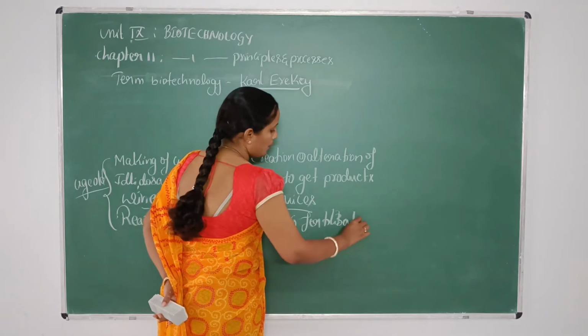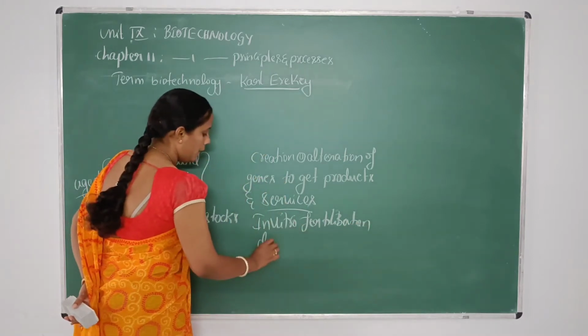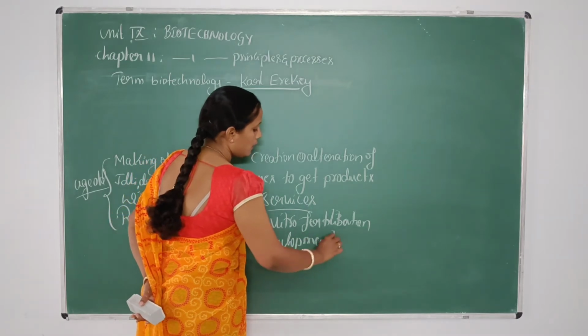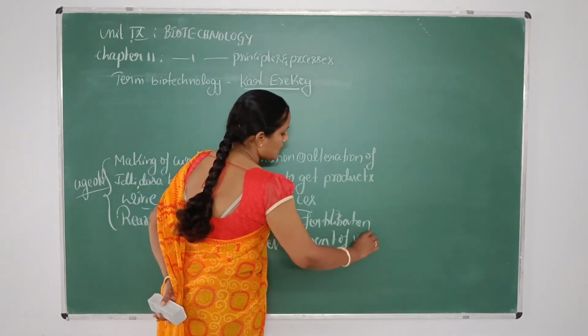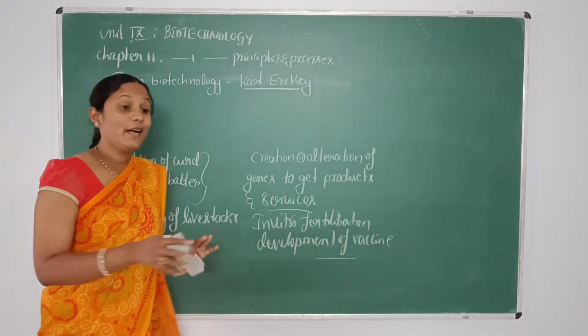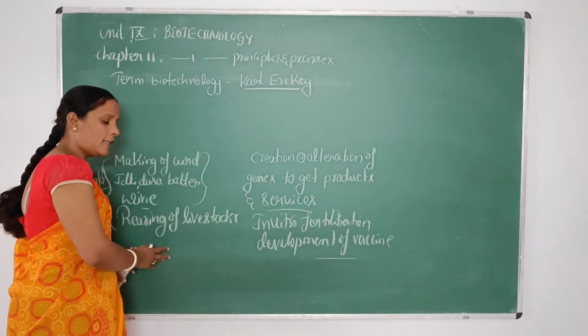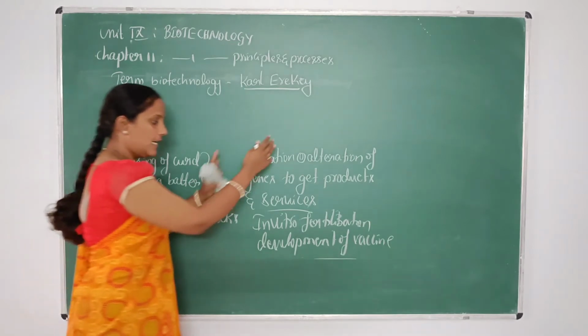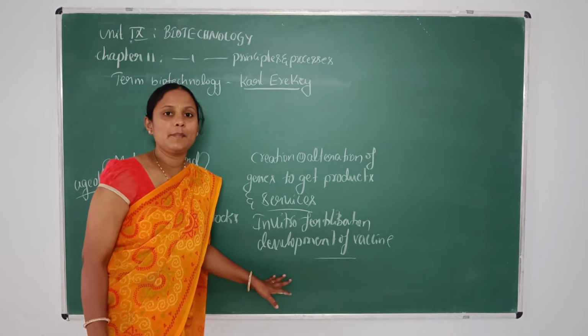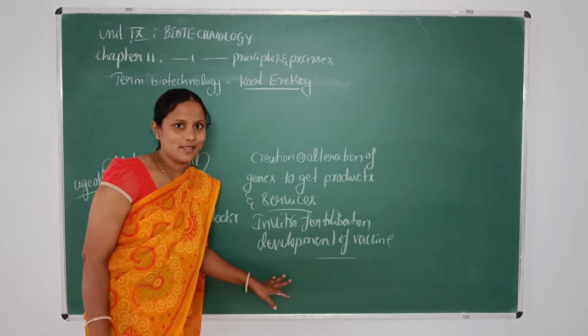to get a test tube baby, and development of vaccines. So these are all kinds of biotechnology, but there are two shades. It is the traditional way and the modern way. This modern way is because of development of advanced techniques.